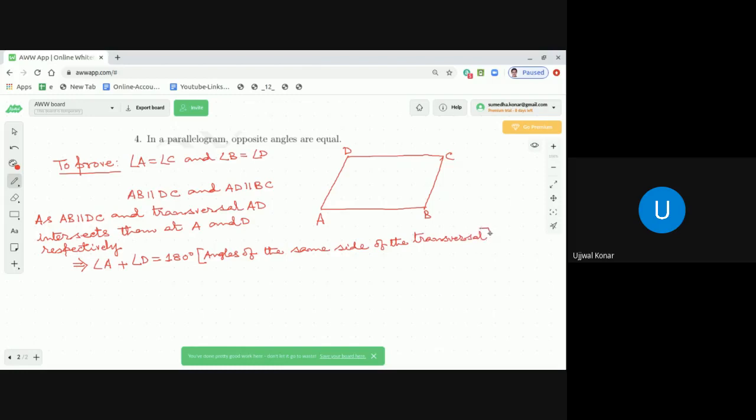Angles on the same side of the transversal. Now, in a similar manner, if you look, AD is parallel to BC, correct or not?